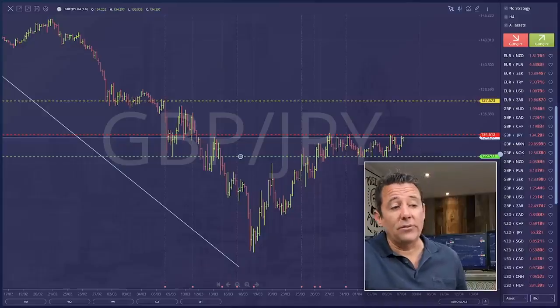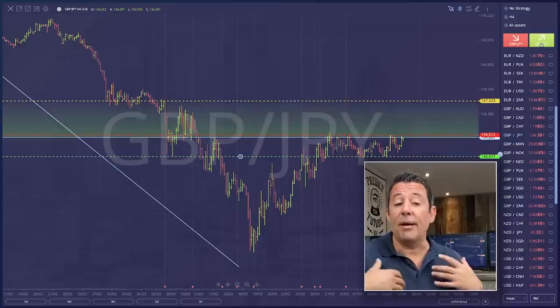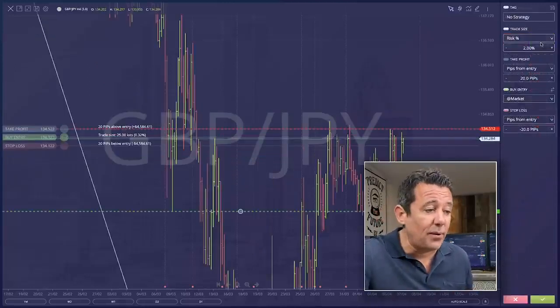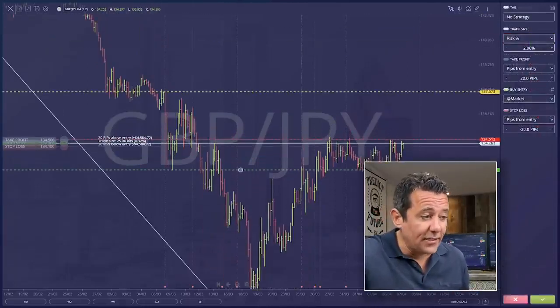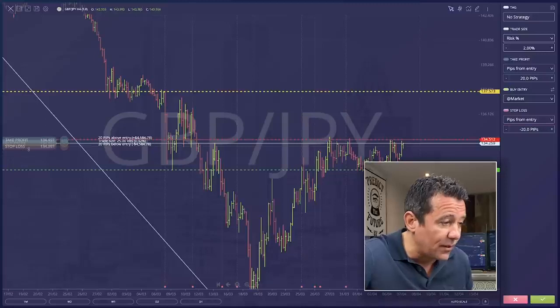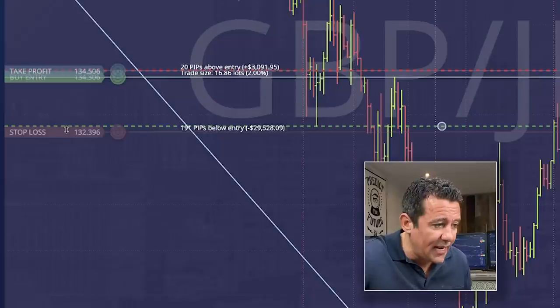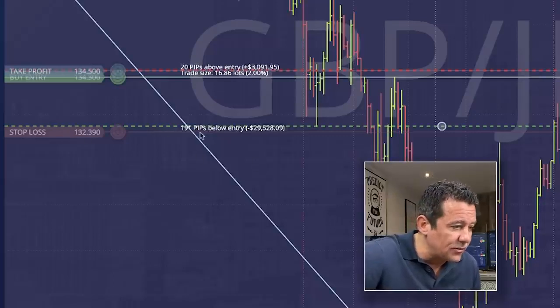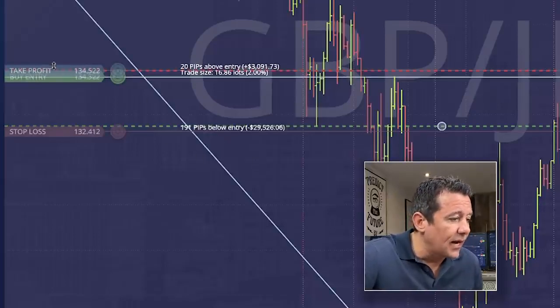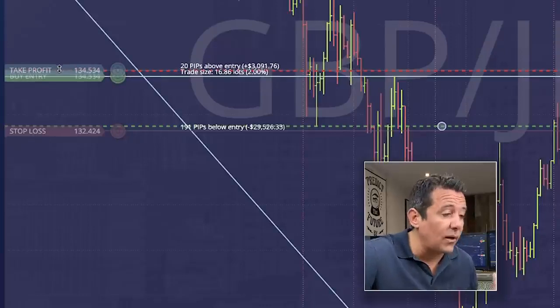Now, how would we place it on SmartCharts? Quite simply, we'd be putting a buy stop order in here. So we can put our buy stop order. Now notice, as soon as we do that, we bring the stop loss line consistent with just below that green line here. That shows us that we're taking 191 pips of risk. I said it's about 200.